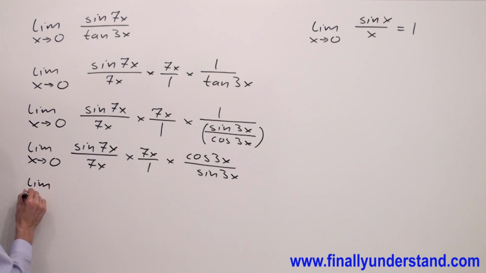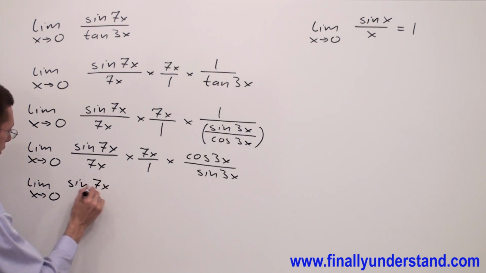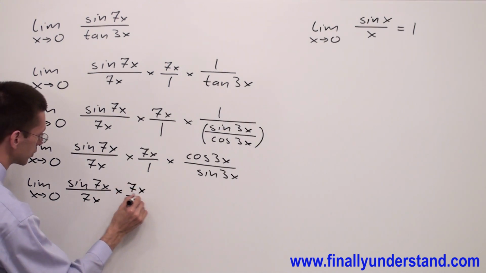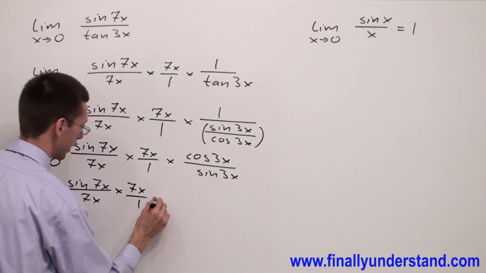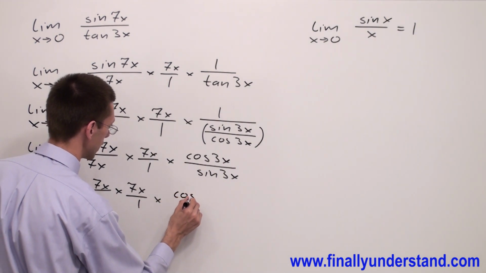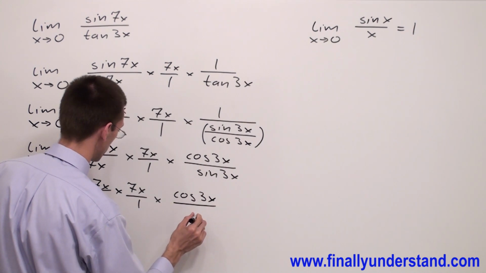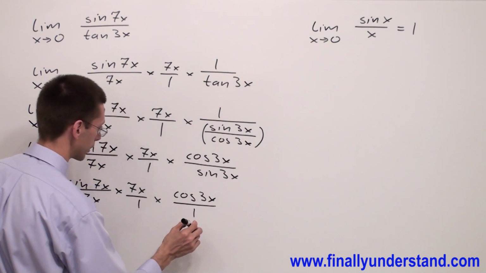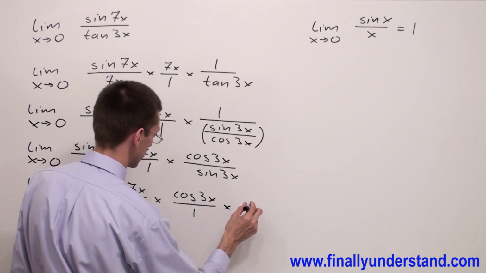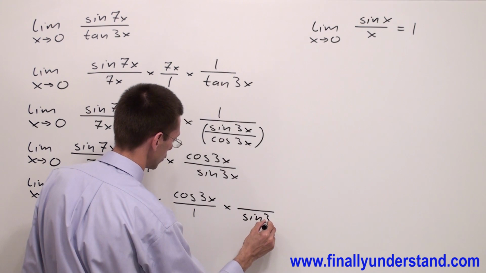So I have the limit as x approaches 0, sine 7x over 7x times 7x over 1 times, I'm going to write cosine 3x over 1 times, this time, sine 3x.